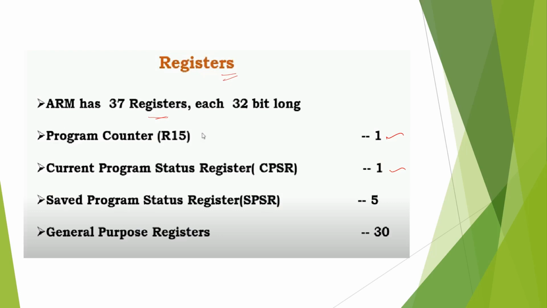It tells the processor the mode of operation. We will discuss the modes of operation and their concept in the coming slides. The next one is the saved processor status register, SPSR, five of them, and the general purpose registers, 30. So totally ARM has 37 registers which can handle 32-bit long instructions.